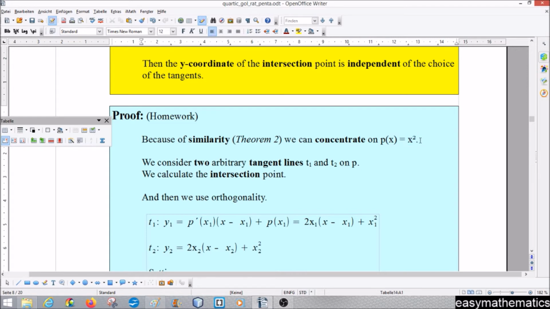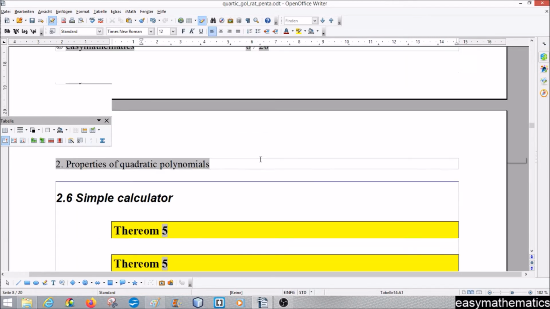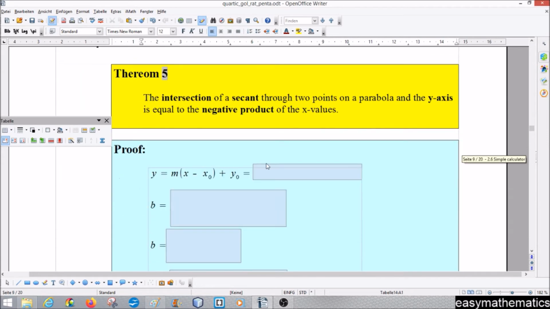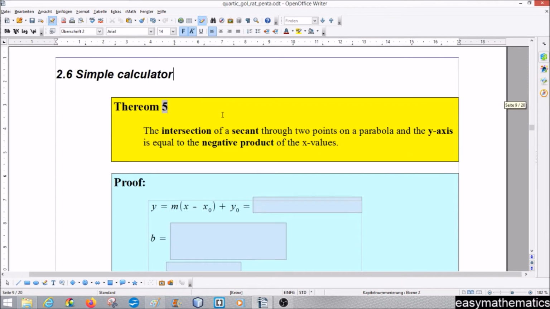So if you have a general parabola, with the similarity theorem you can calculate the constant y term. This is also a really nice property.